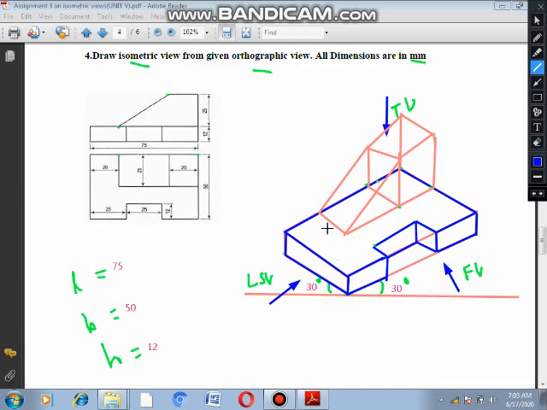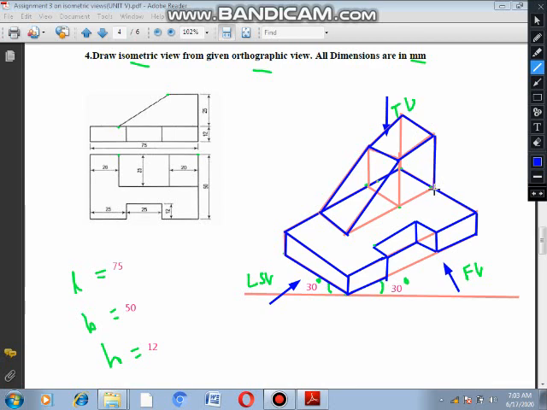Okay, now this is the shape of the diagram, should be dark lines. Then you will show like this. Okay, if you understand the procedure of this diagram, it is very easy to understand.